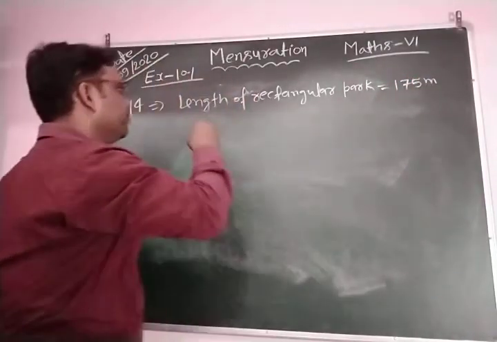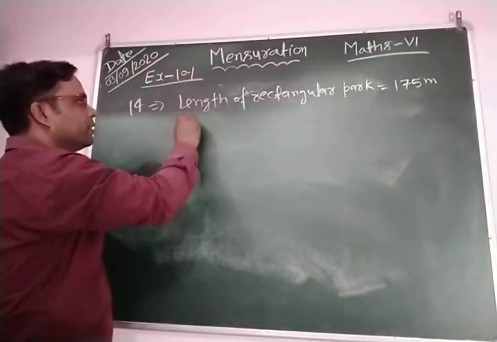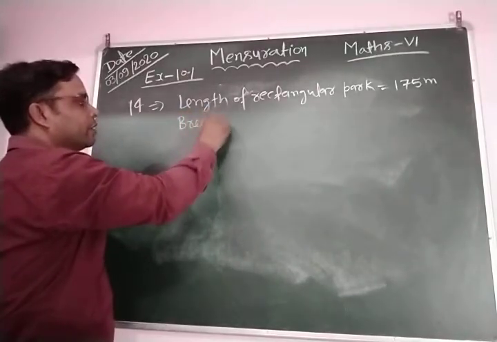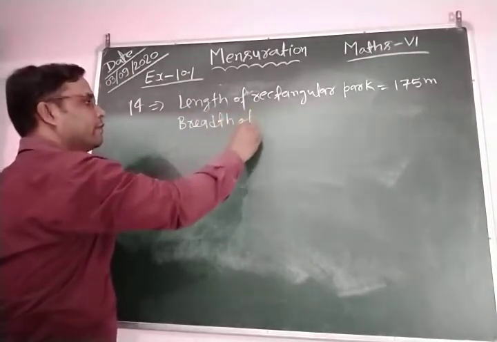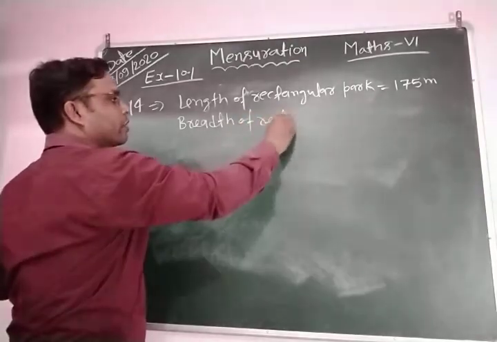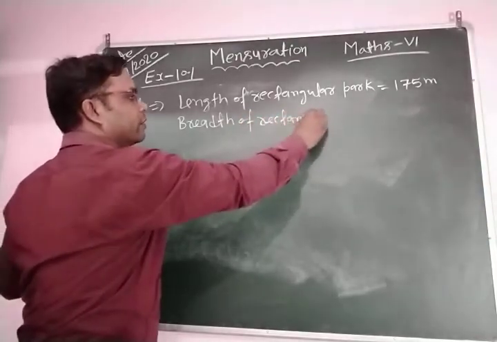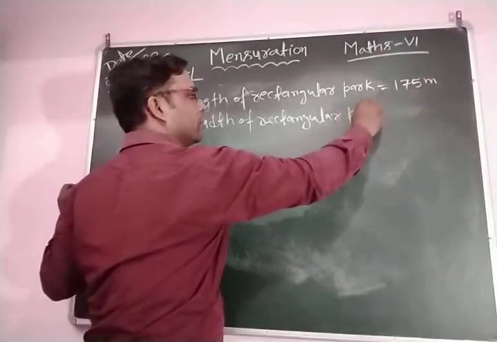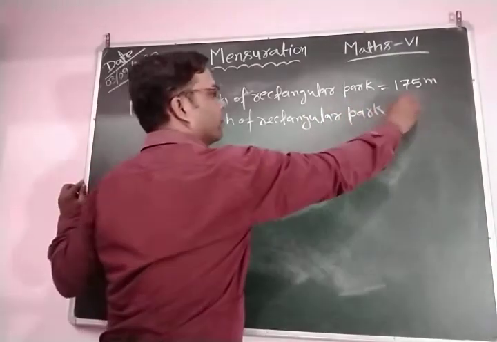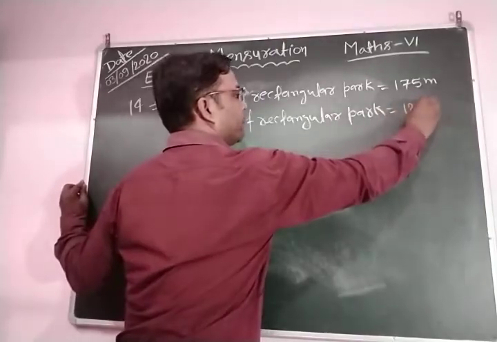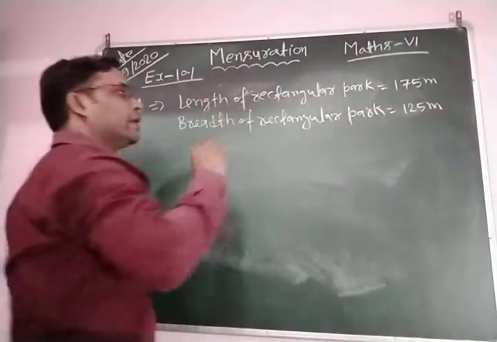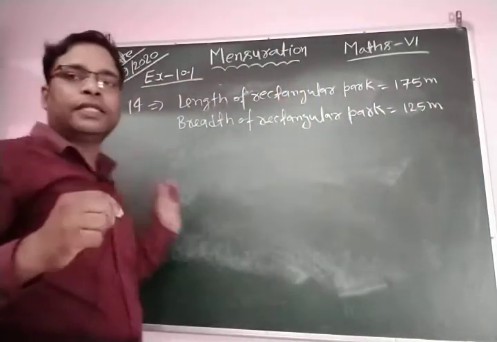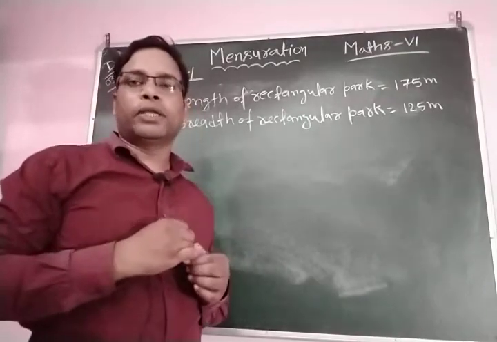Okay, and the breadth of the rectangular park is also given. The breadth of the rectangular park is 125 meters. Okay, now first we find the length of fence of the rectangular park.